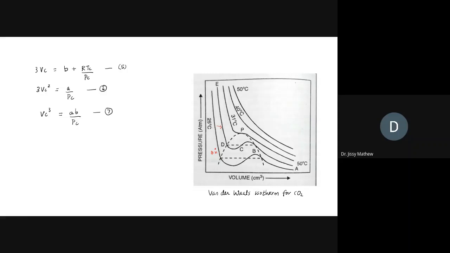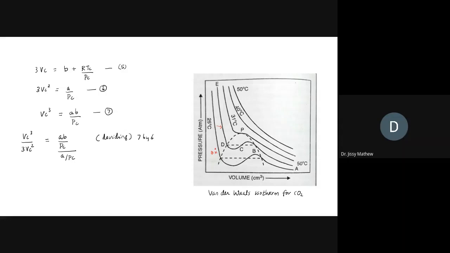If you divide equation 7 by 6, we get Vc³ divided by 3Vc² equals (ab/Pc) divided by (a/Pc).